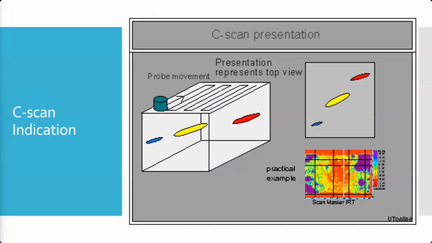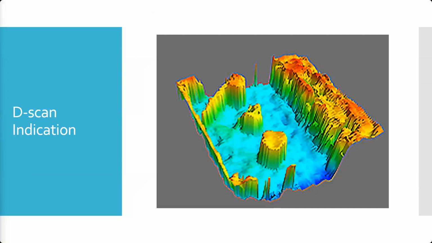If we take that and we render it into a three-dimensional view, tip it up into the side where we can see it, then we end up with a D scan. And we can actually start to look at the topography of our probe or of our part. So not just looking at what the intensity is, but actually mapping the intensity onto that third dimension.